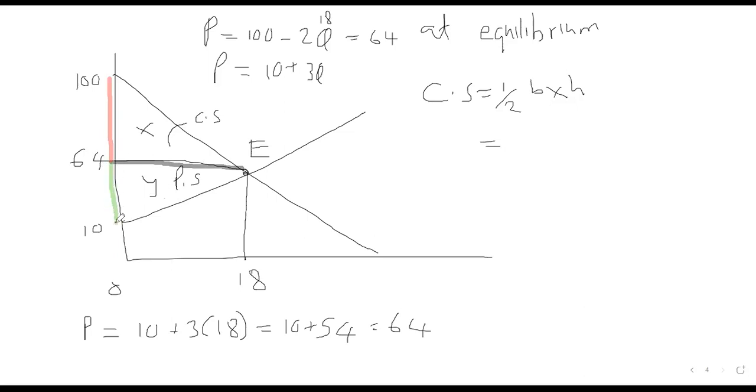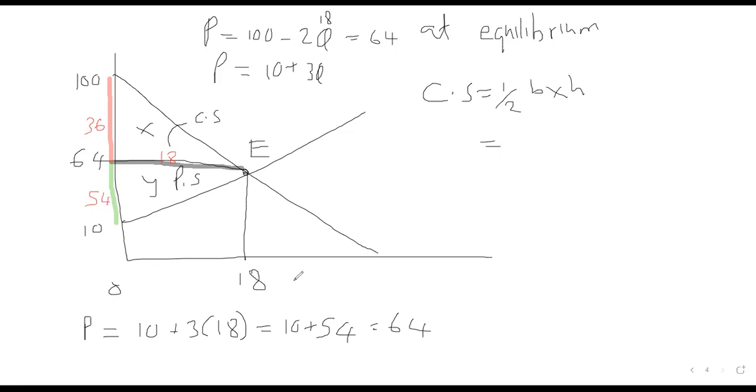So what is the length of the base? 18, right? 18, because 18 minus 0 is 18. About the height for the consumer surplus, from here up to here, what do we have? 36. From here up to here, 54. All right.